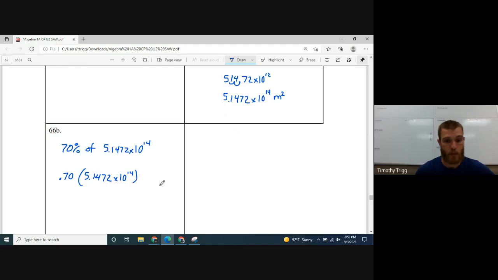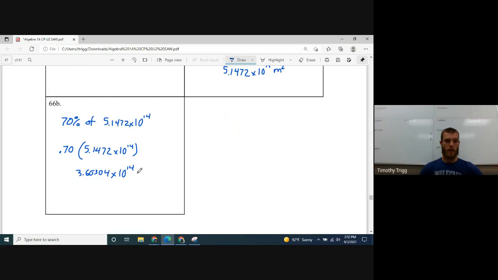So 5.1472 times 0.7 gives us 3.60304 times 10 to the 14th. Okay, and again, that's squared meters.